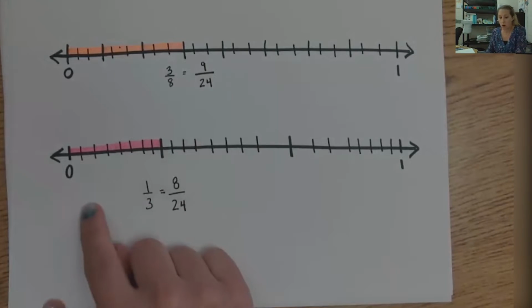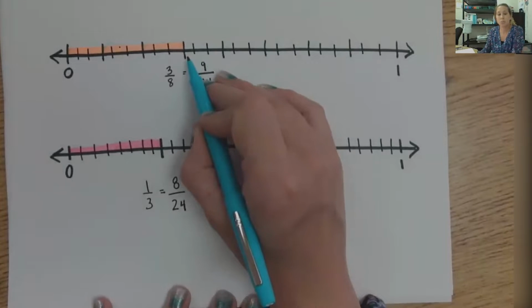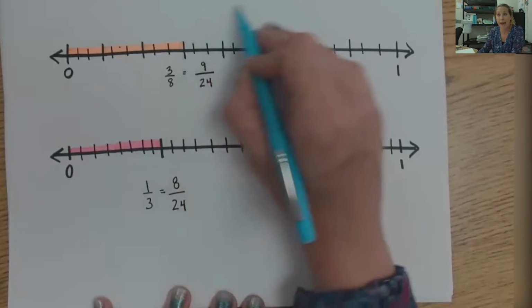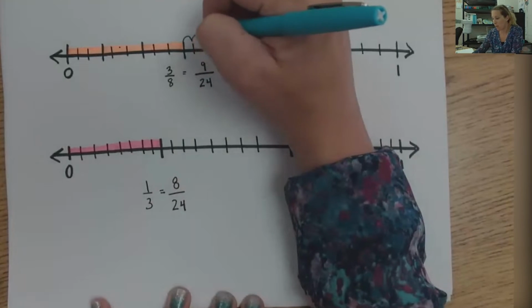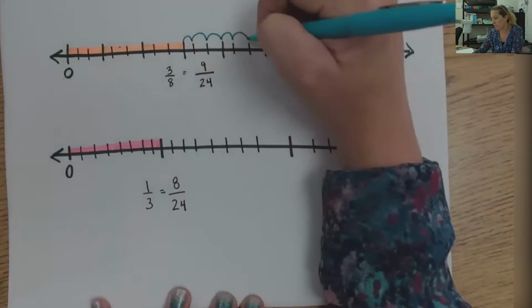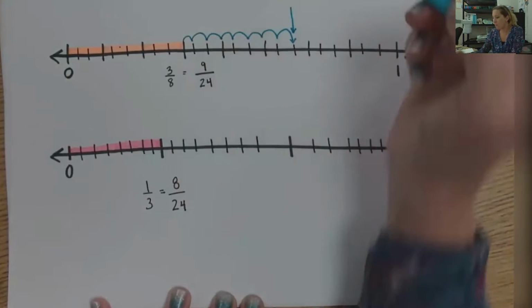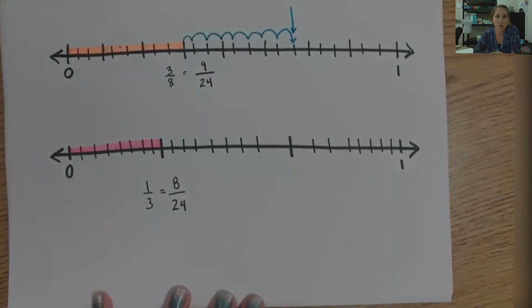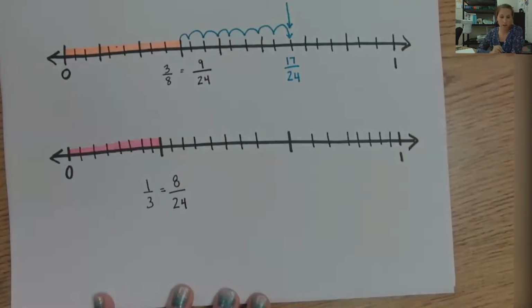If I need to put them together, I need to add or move forward 8 24ths. 1, 2, 3, 4, 5, 6, 7, 8. If I move forward 8 24ths, where do we end up? We end up at 17 24ths.